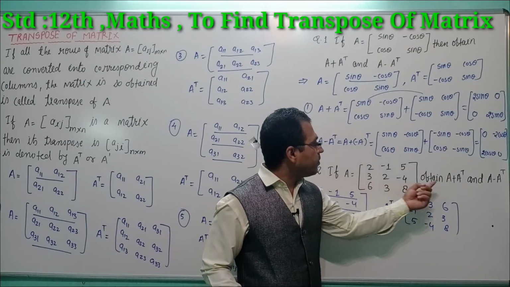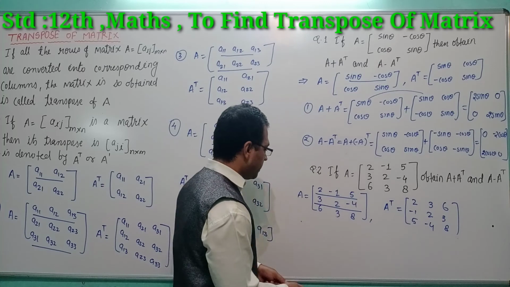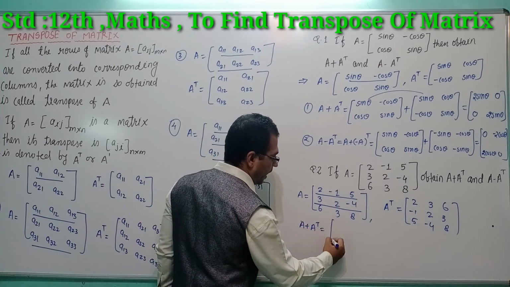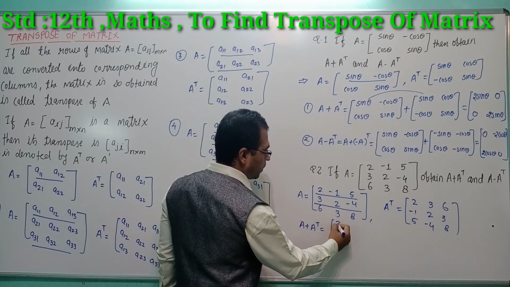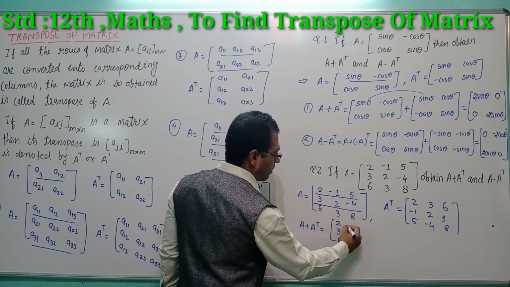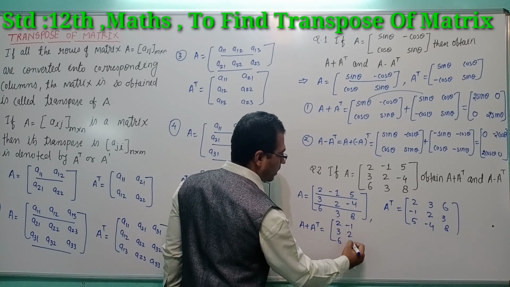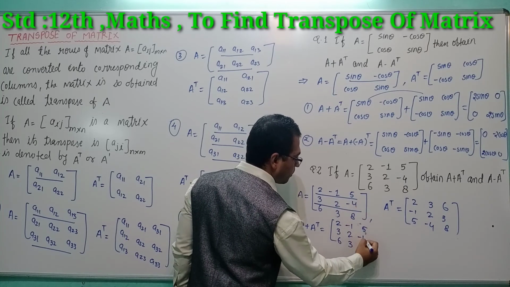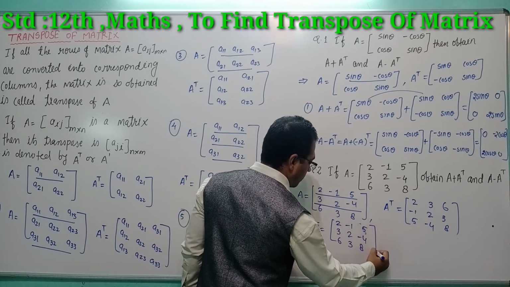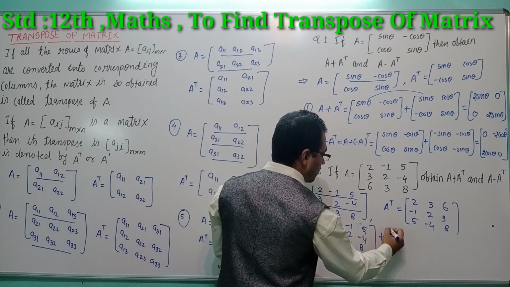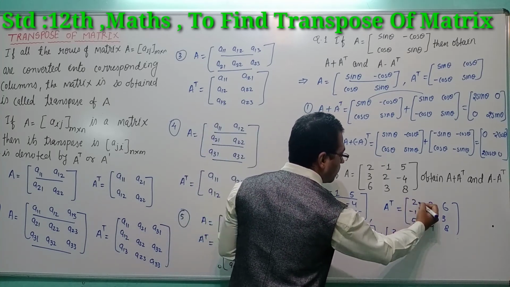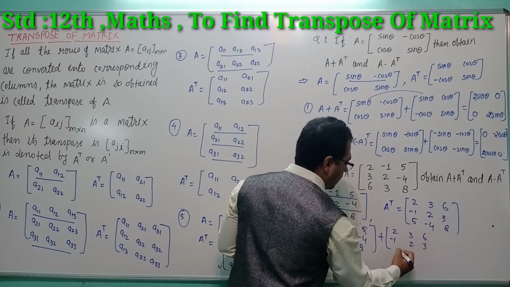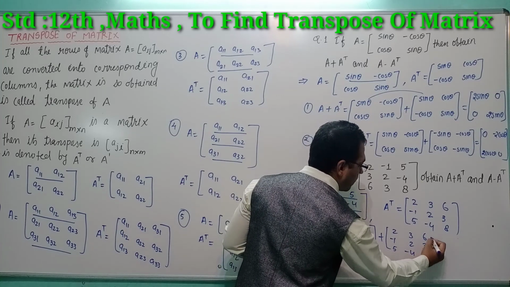Now we will find out A plus A transpose, right? So write the elements of matrix A: 2, -1, 5, 3, 2, -4, 6, 3, 8, plus A transpose: 2, 3, 6, -1, 2, 3, 5, -4, 8.